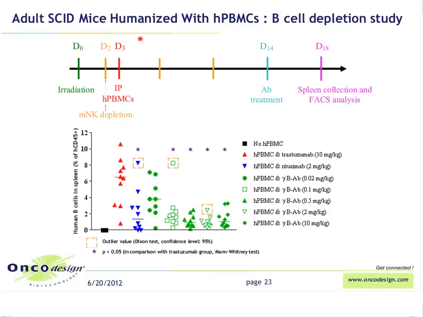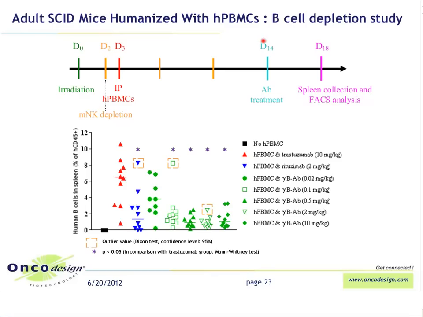You have here the timeline of the study, starting with preconditioning regimens for mouse effector depletion and whole body radiation, and mouse NK depletion through antibody therapy every 4 days. Then there are 3 IP injections of human PBMCs.